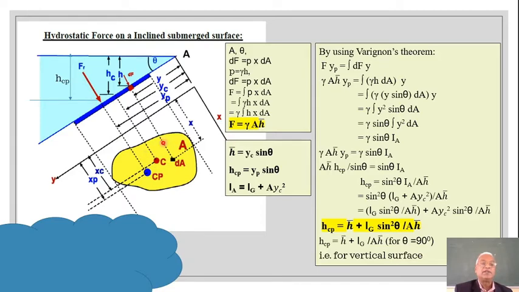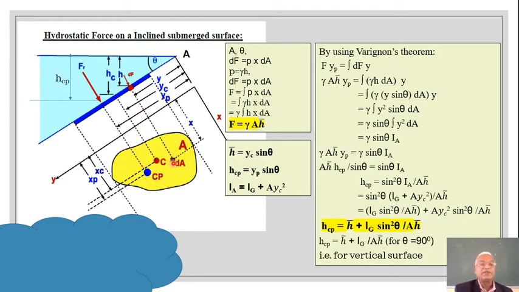But in this particular case, when we say inclined submerged surface, it is held like this, making an angle of theta. The surface area which is exposed to the liquid is A. Theta is the inclination made with horizontal.